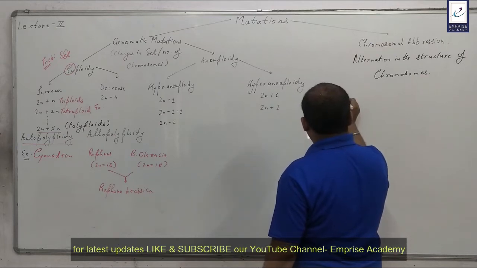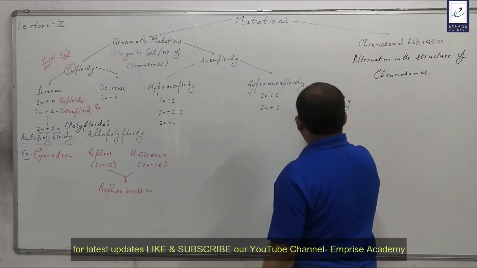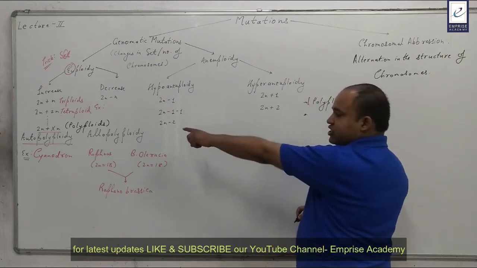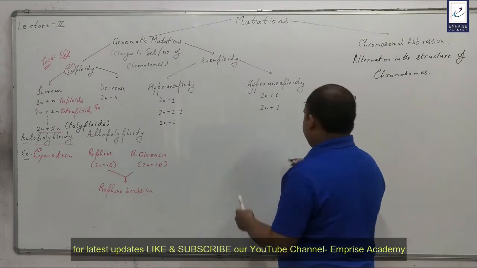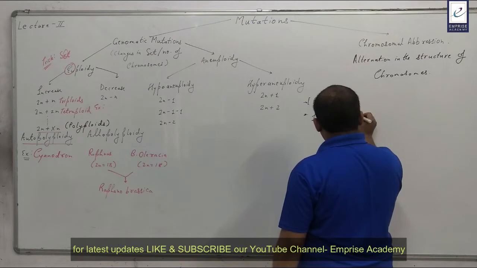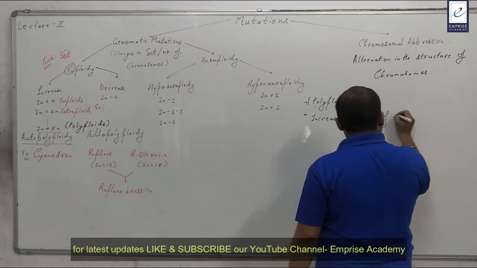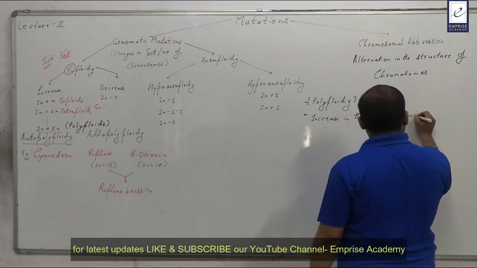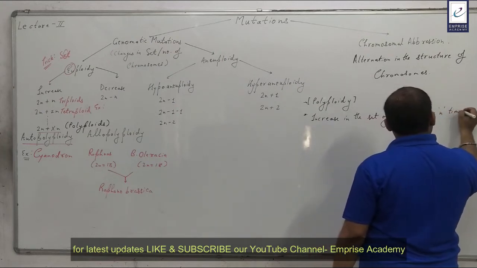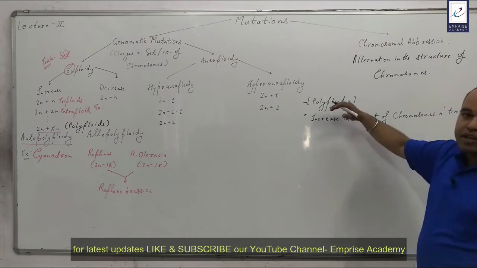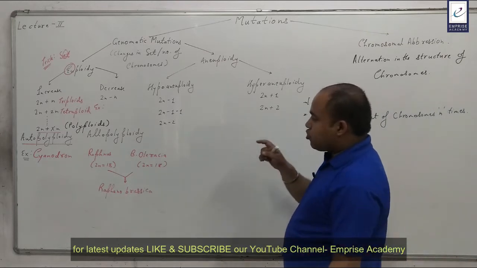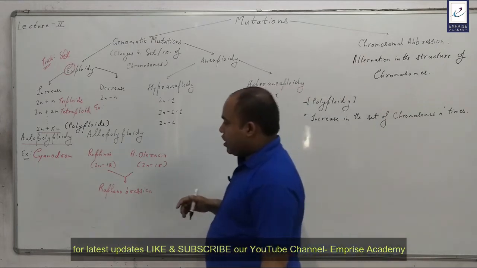First point, an increase in the set of chromosomes n times is referred to as polyploidy. Now, polyploidy can be of two different types, autopolyploidy and allopolyploidy.